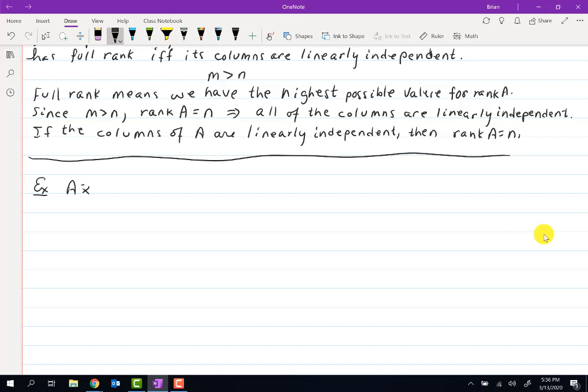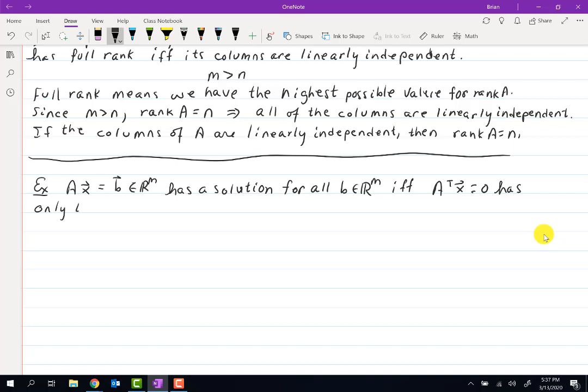AX equals B in R^m has a solution for all B in R^m if and only if A^T X equals 0 has only the trivial solution.